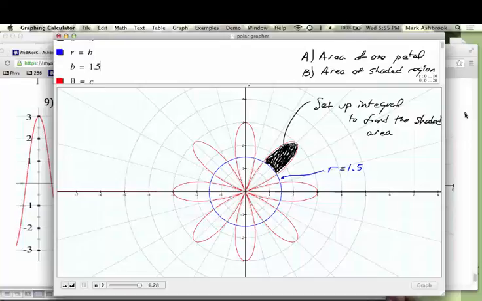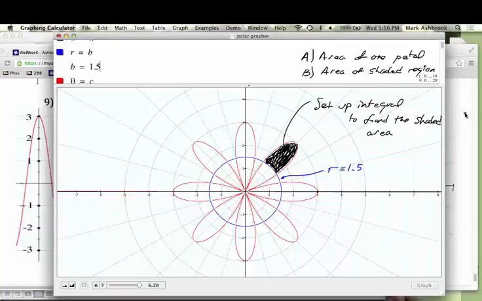Four theta equals arccosine of 0. Yeah, 4 theta equals arccosine of 0.